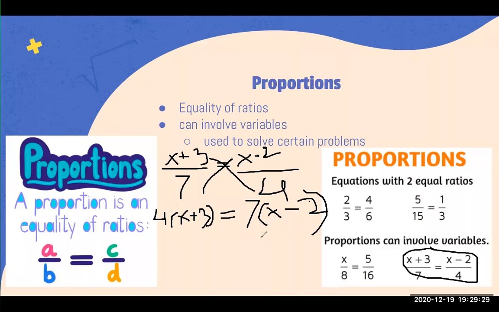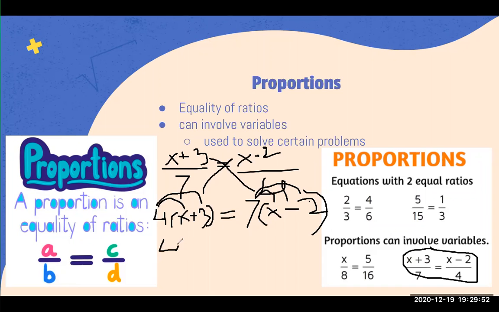Okay, so these two are equal to each other, and so we can use the distribution property to distribute this 4 over here, and we can distribute the 7 over here the same way. So 4 gets multiplied to x, and 4 gets multiplied to 3. 7 gets multiplied to x, and 7 gets multiplied to 2.